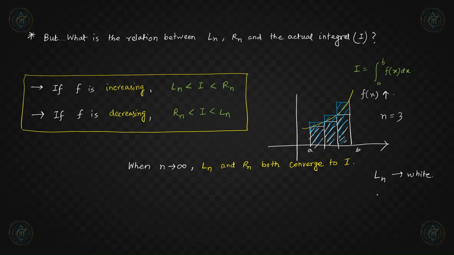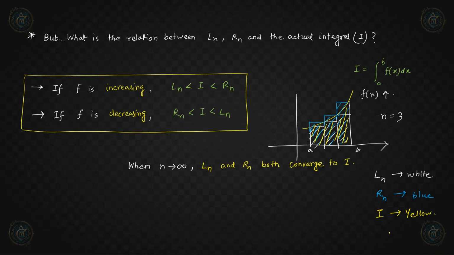So we can say the total region bounded by them will be Rn. This area is blue colored, and we can see clearly it is greater than the actual integral, because the actual integral is this yellow region. I is this yellow region.